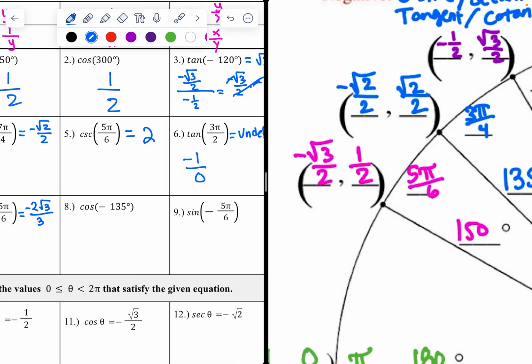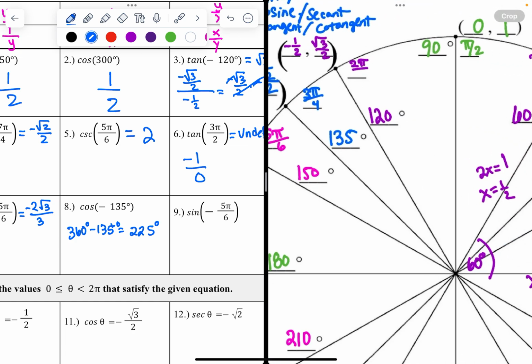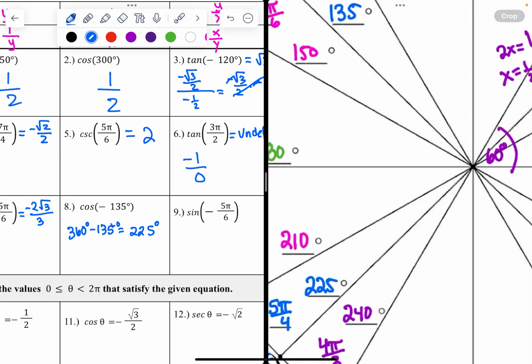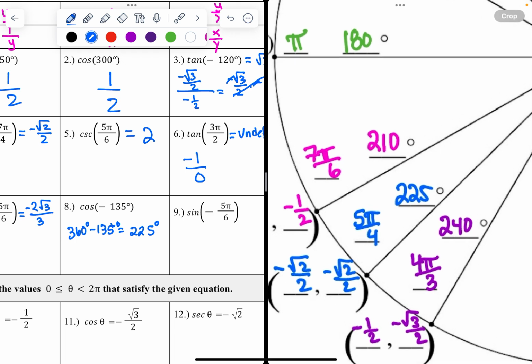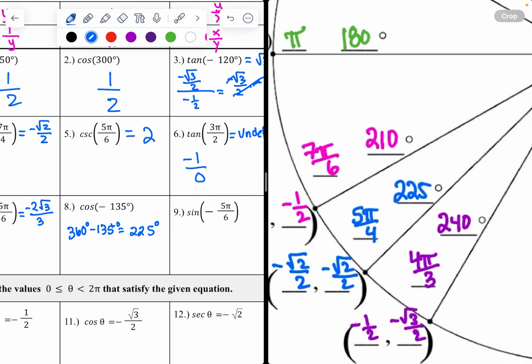All right, cosine of negative 135 degrees. So if we take 360 minus 135 degrees, we get 225 degrees. So if you come on your unit circle, find 225 degrees, cosine's the x value, and so we get negative square root of 2 over 2.